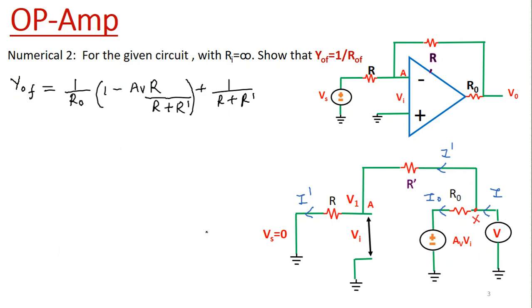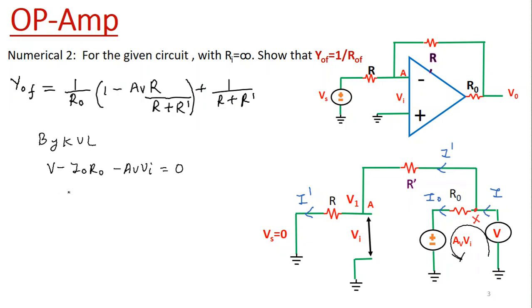Now we have to find the output current, the current through the resistance RO. By KVL, we apply Kirchhoff's voltage law in the output loop. The current flows in this direction, so we apply the KVL in this direction in the output loop. By KVL we get V minus IO into RO minus AV VI is equal to 0.